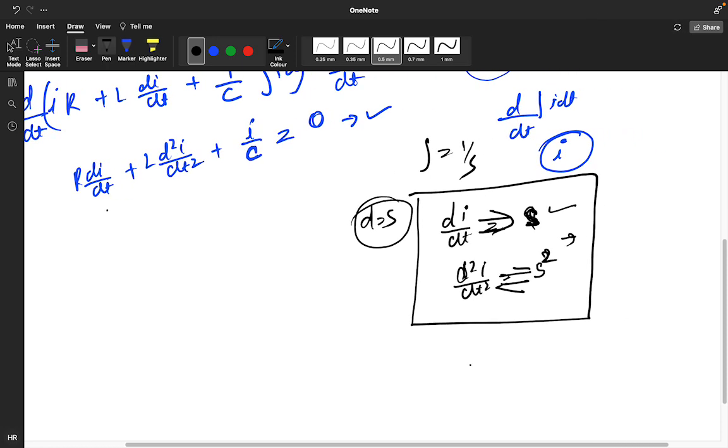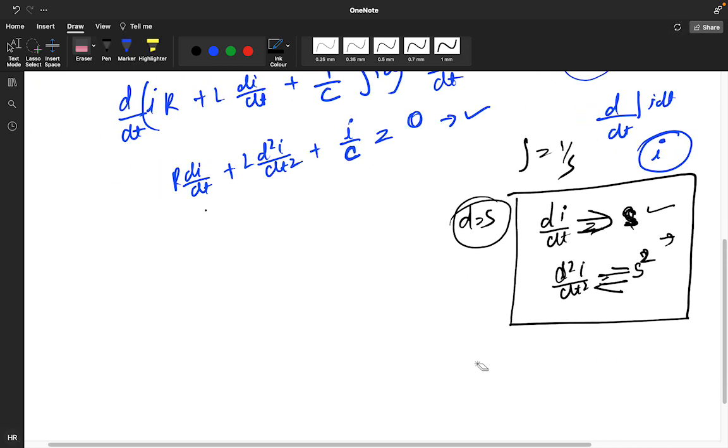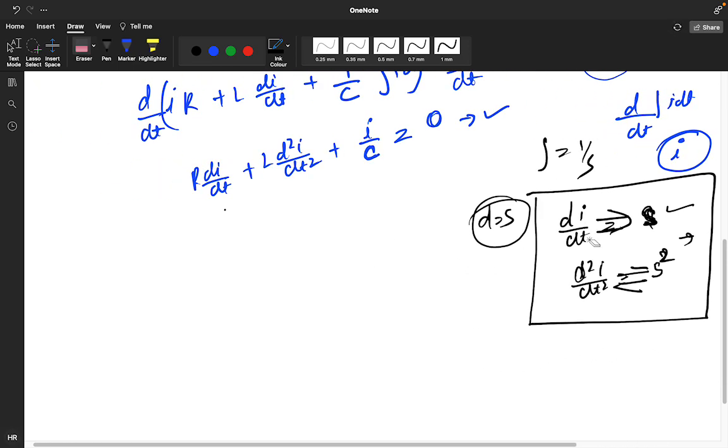Actually, the Laplace transform of di by dt will come as s I of s minus I of 0, but we are not taking this part because we are considering our initial condition as 0. These things I will teach you after some time. So just remember here, for di by dt the Laplace transform is s, and for d square I by dt square it is s square.